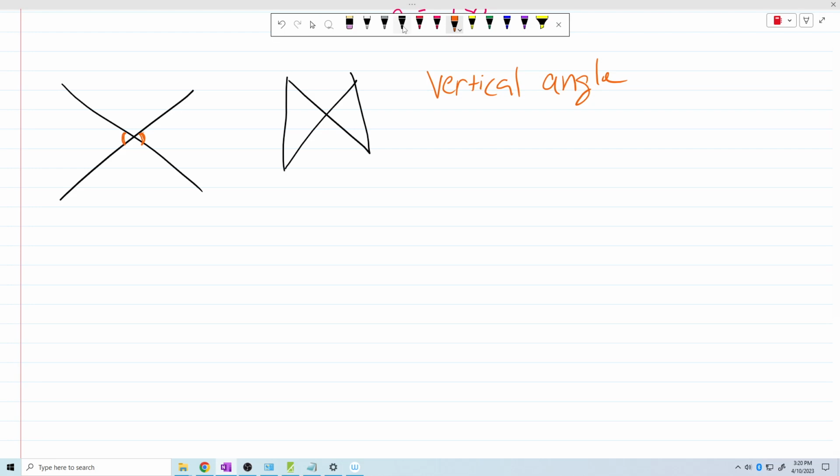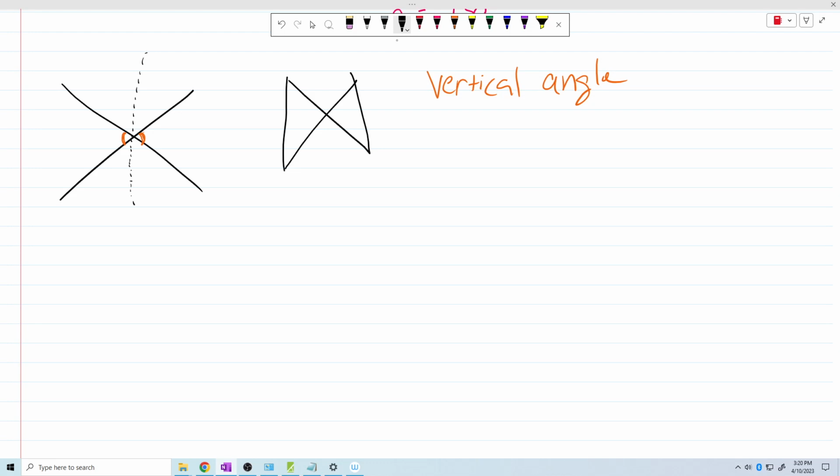You can almost imagine it, if it helps, as this line here cutting that picture in half, and it's basically a reflection. Think about when you're standing in front of the mirror. Yes, you're staring into the mirror, but everything around you doesn't change, right? Your hand is your hand. The size of your hand is your hand, right? So you can think of this as a reflection, if that helps you.